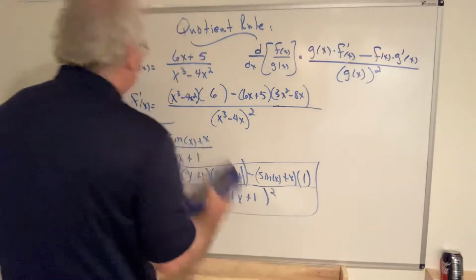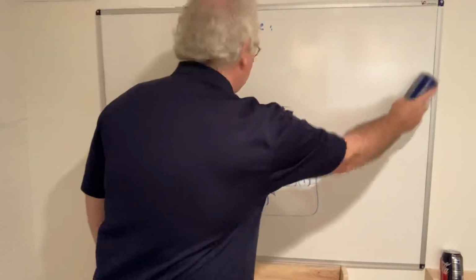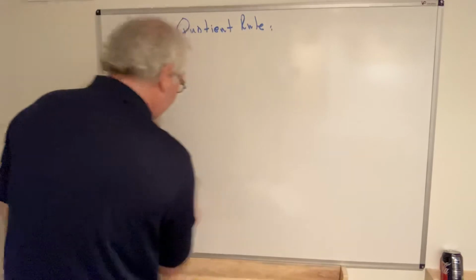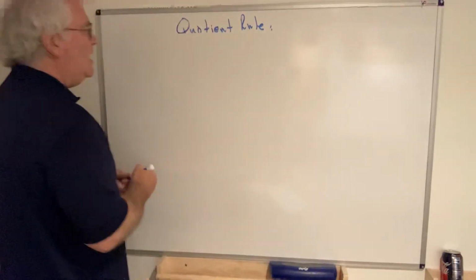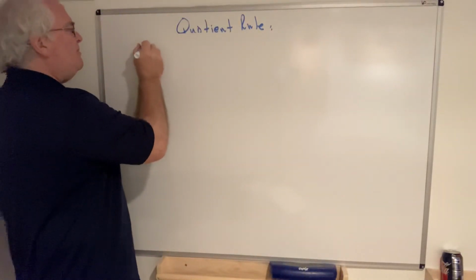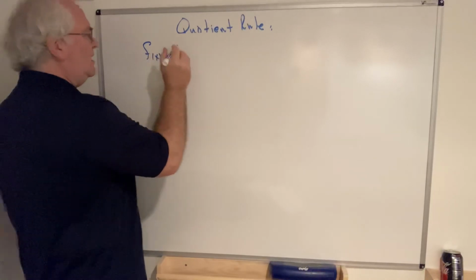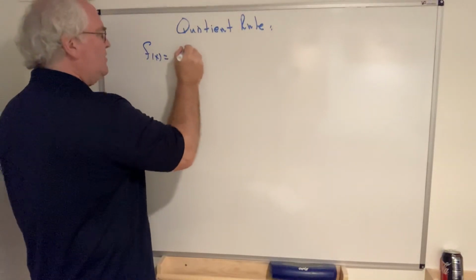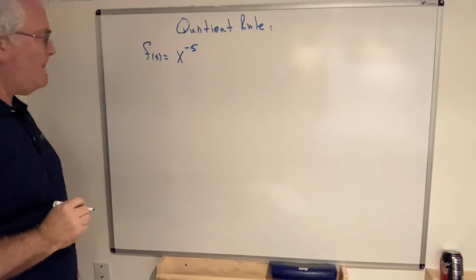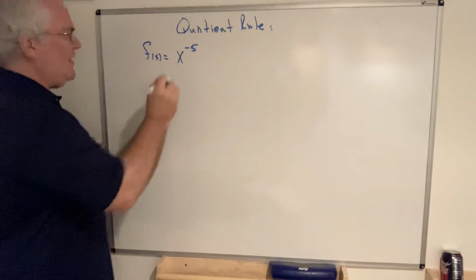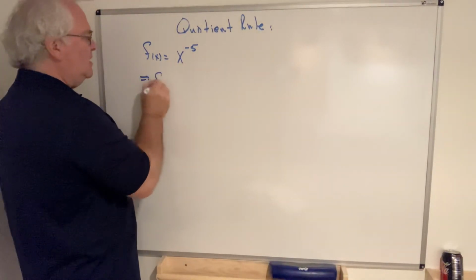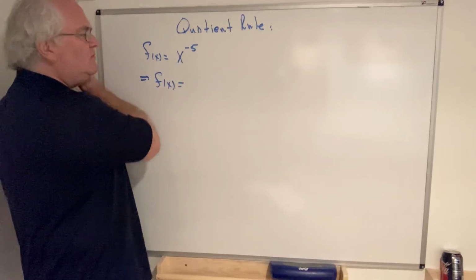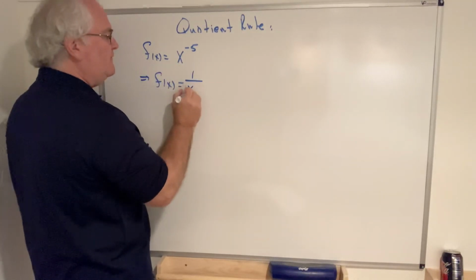Now, the quotient rule gives rise to a couple special little concerns here that really do come in handy. Suppose f of x is x to the negative 5. Now, we know what that means, that's 1 over x to the 5th.